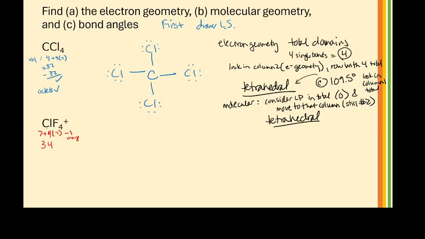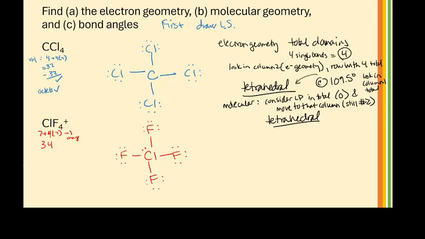I'm going to put the chlorine in the middle because chlorine is less electronegative than fluorine. Fluorines around it, then 2, 4, 6, 8, 10, 12, 14, 16, 18, 20, 22, 24, 26, 28, 30, 32. And here's my 34, an additional one on the center atom.